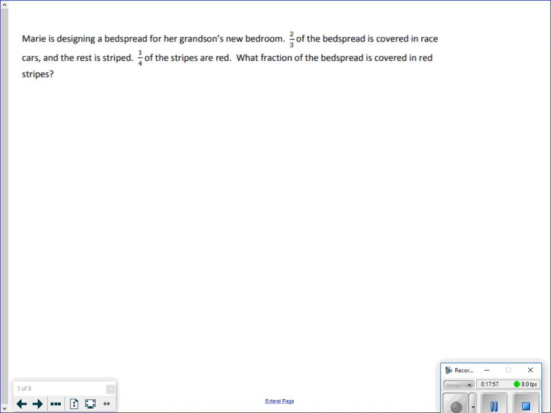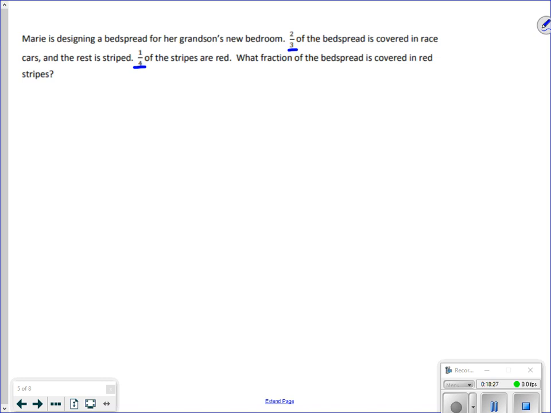I will say that if you got 2/12 for an answer, you are incorrect. If you did 2/12, then all you did was number, multiply, and you didn't really pay attention to what the problem said. 2/3 of the bedspread is covered in race cars.